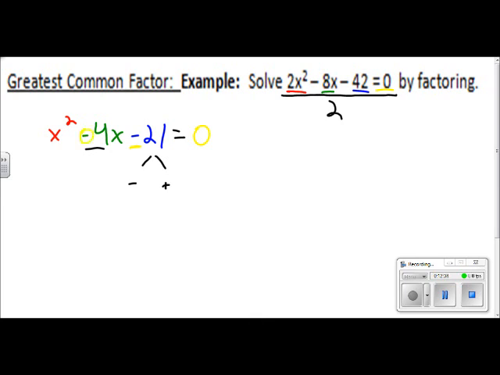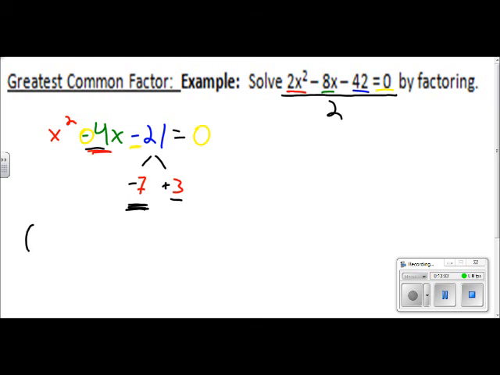Because our b value is also negative, that means the larger value has to be the negative one, and our smaller value is our positive one. Well, we can probably tell from here that the factors of 21 are going to be 7 and 3. And again, 7, the larger of the two values, is the one we want negative. That way, when we take negative 7 plus a positive 3, that comes out to our negative 4.